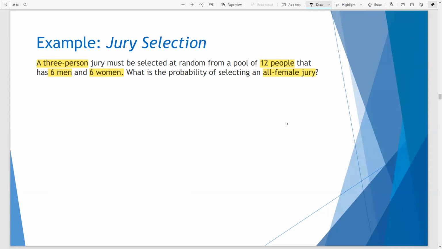So we just selecting from what? From women. So let's just use the letter F to represent the female, right? So first is a female, and second is a female, and the third is a female. So what is the likelihood that first is a female?